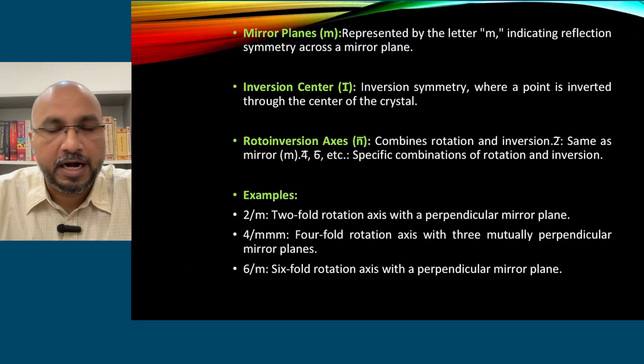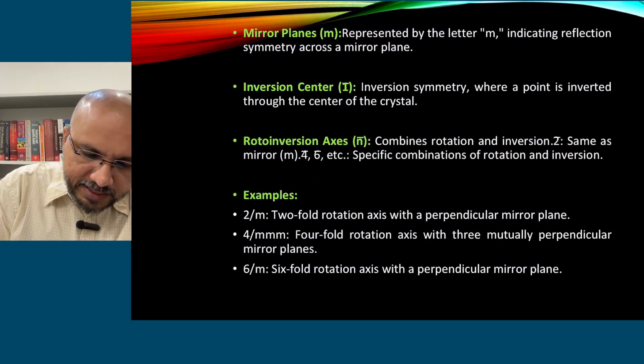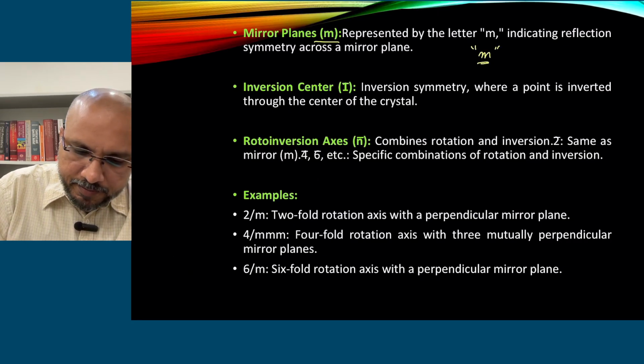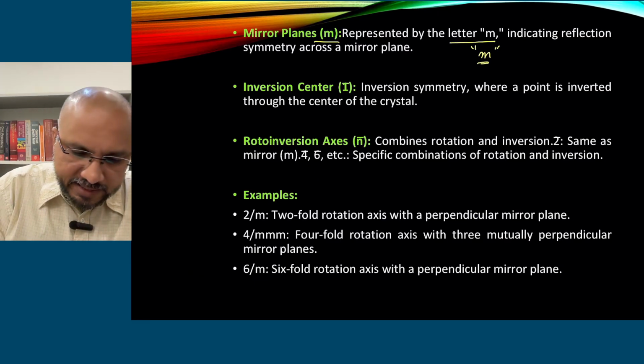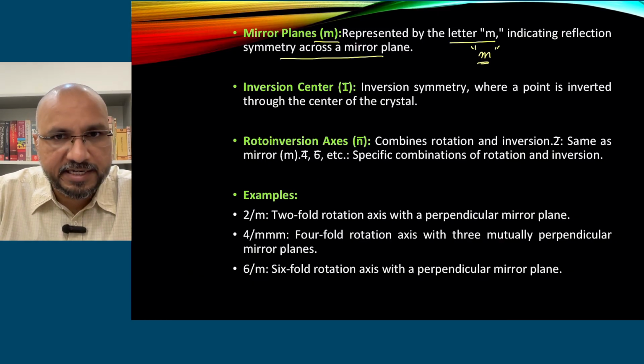Then how do you represent the mirror planes in a crystal? Mirror planes are represented by the letter m, indicating reflection symmetry across a mirror plane. Next, the inversion center.